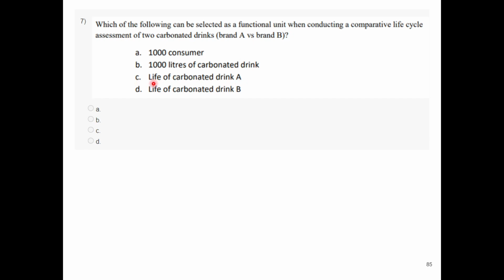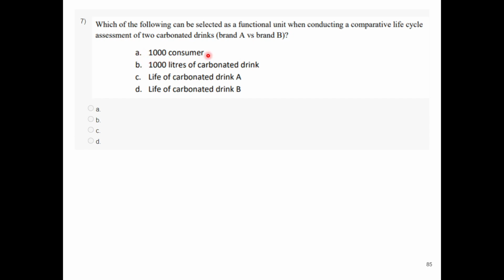Life of carbonated drink A cannot be a parameter, so C is not the option. Life of carbonated drink B also cannot be a parameter, so D is also not an option. It is not a functional unit, so C and D are removed. 1000 liters of carbonated drink can be a parameter because 1000 liters can be compared and taken as a reference point. So B is correct.